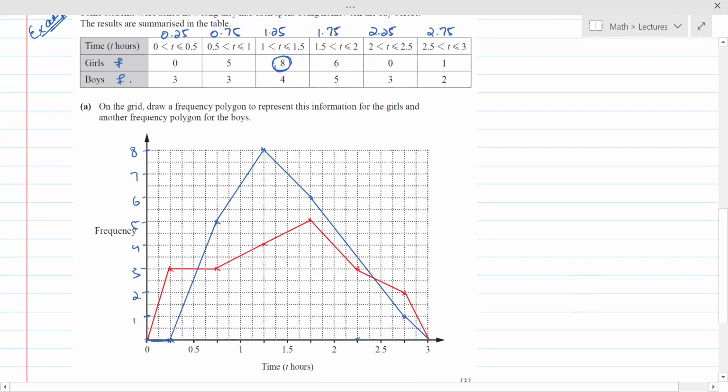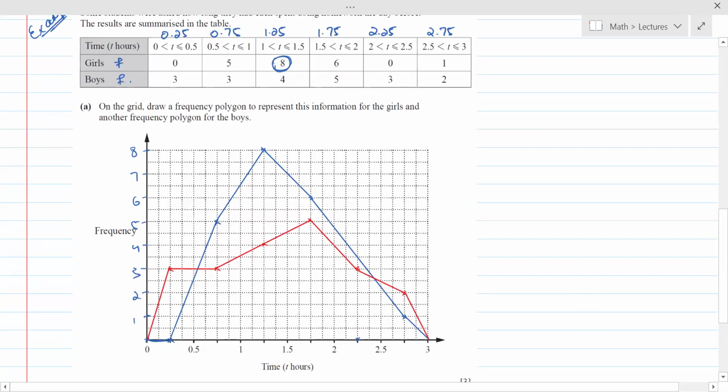Second is we can see that majority of the girls spent more time in the slot 1 till 1.5 hours, whereas boys were more consistent and they were maintaining this frequency around 3 throughout.